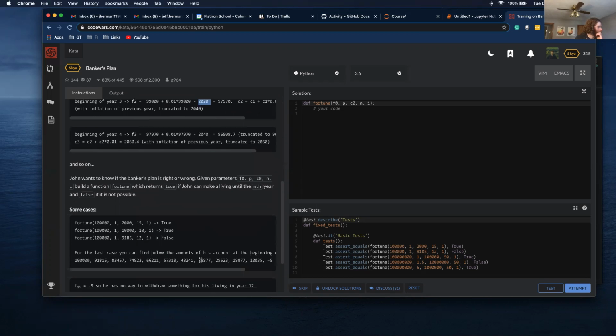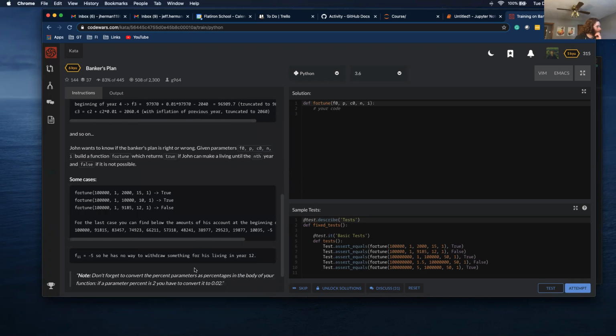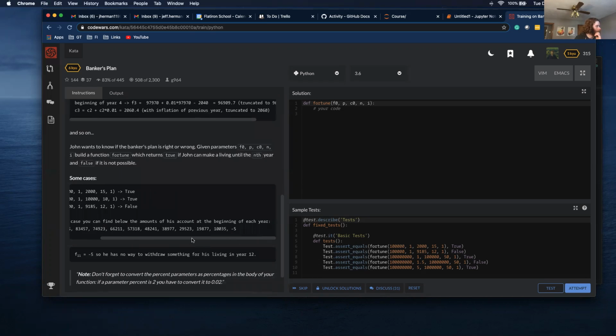Cool. So they gave us some test case. I'm going to use this test case because they show us how much is in the bank account at the end of each year for 12 years: 1, 2, 3, 4, 5, 6, 7, 8, 9, 10, 11, 12. I want to use these as my variables.